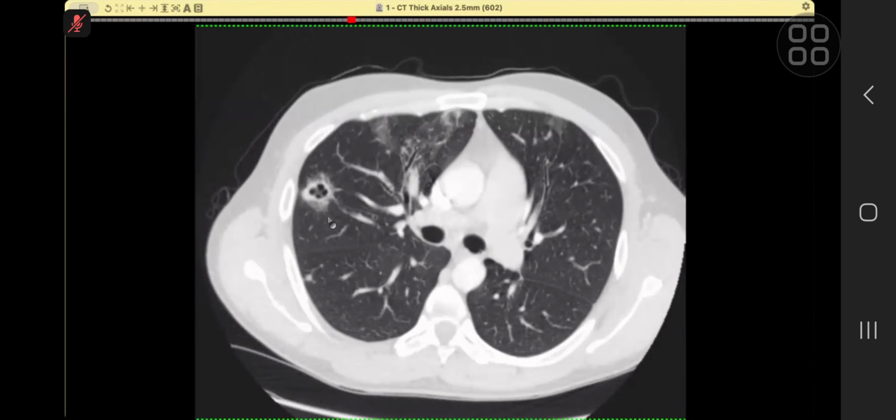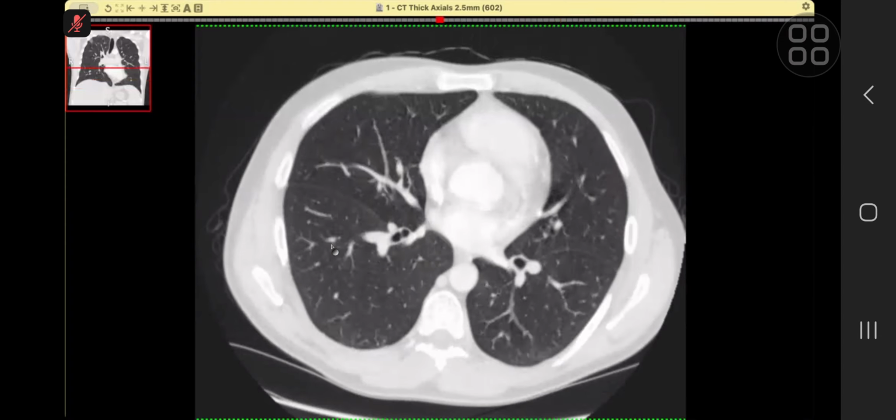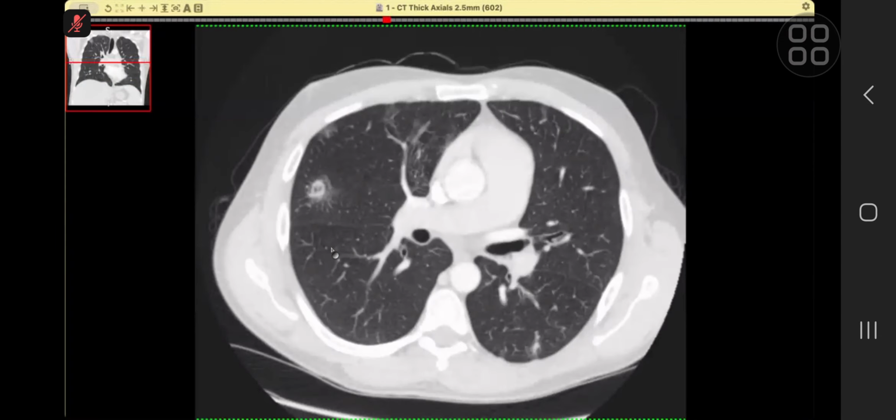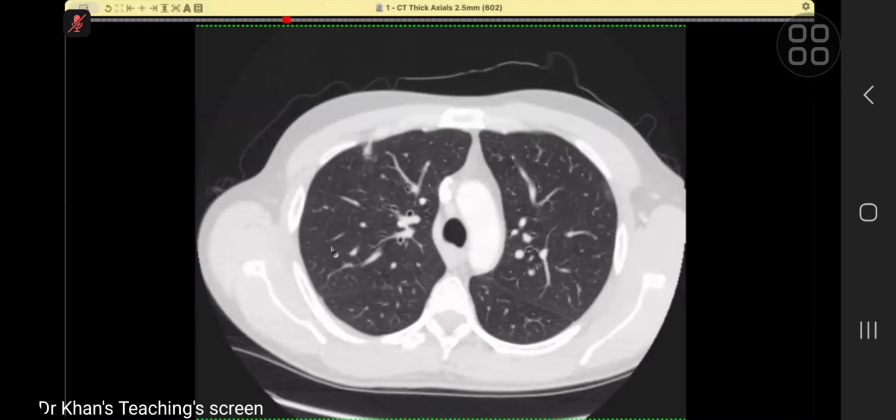Also, I can see other scattered ground glass appearance without cavitation in the rest of both lungs. I can see that there is no pleural effusion, and no significant hilar or mediastinal lymph node enlargement.